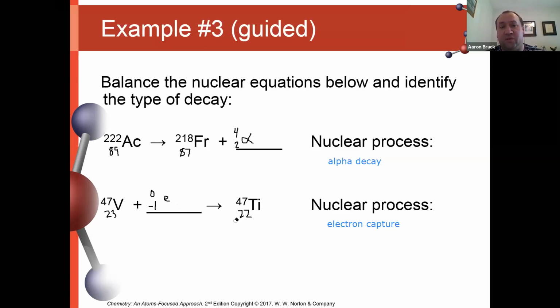If this was on the other side, then for titanium we'd be talking about positron emission, because to get 23 to 22, I would have had to emit a +1 charge. Right. Any questions? No. Okay.